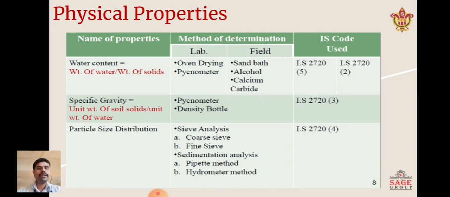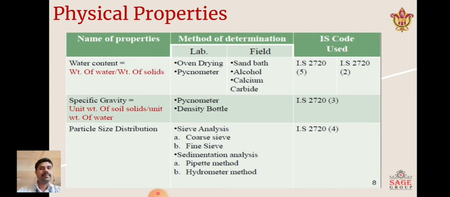In laboratory experiments, there are two types: first is oven drying method, the second is pycnometer method. Both methods are used for knowing the water content of the soil, in which we can calculate the water content by that formula.